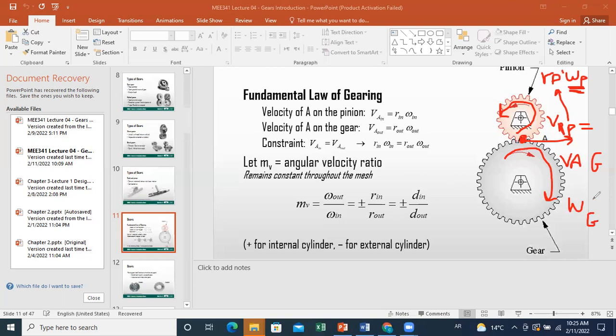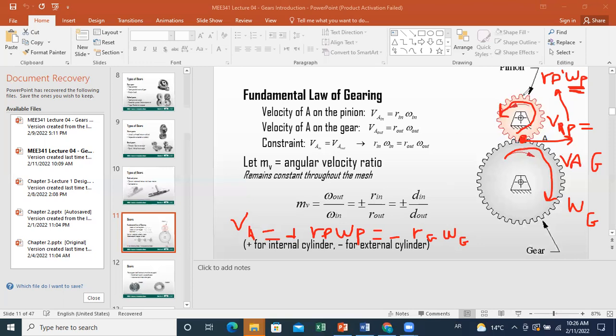This is why we can write that the velocity at point A is equal to plus r pinion times omega pinion, equals minus r gear times omega gear. We can also use symbols of input and output.